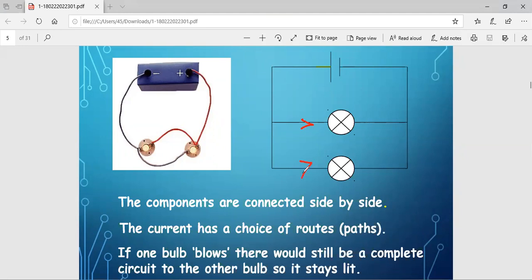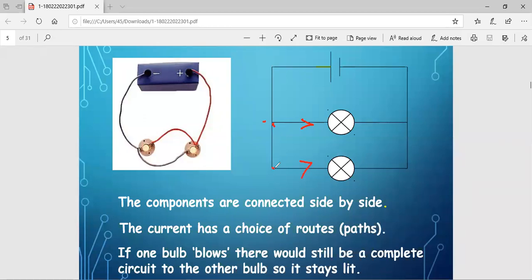And we call them side by side. What do we mean by side by side? Here this is the first side, and here this is the second side. Remember in the series circuit we were talking about end to end, when you end the first one, you connect the second one in the same way.